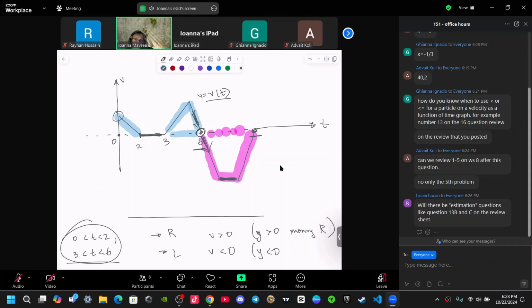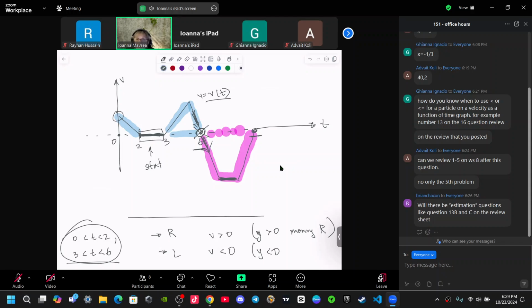You just temporarily turn the car and go in the opposite direction. But more than an instant, from here to here, you stopped. You're doing something other than moving, right? So stationary is here for more than an instant. Here's an instant. That's not what they're asking. What else is stationary? Nowhere else is stationary.